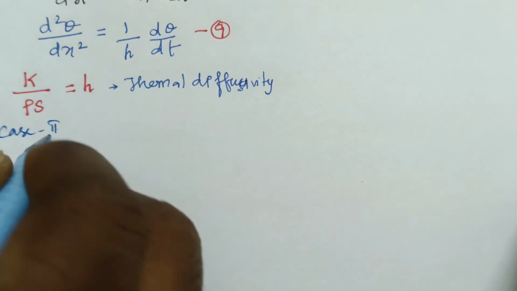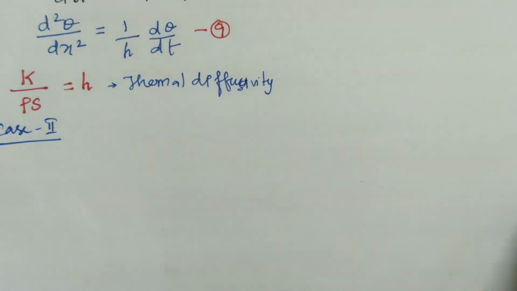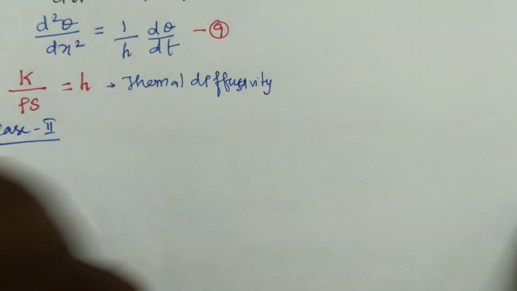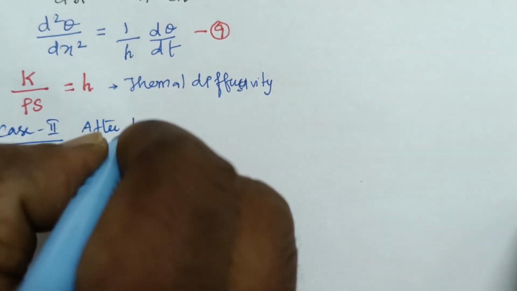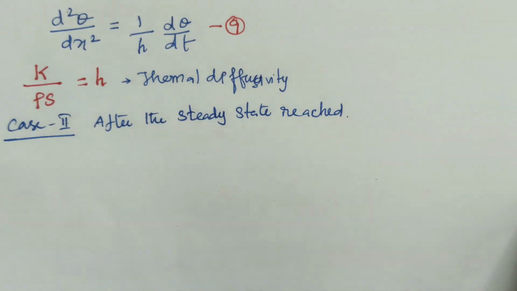Then case 2. After the steady state is reached, what is steady state? Already you know that the steady state means the maximum flow of heat allowed in a particular area.